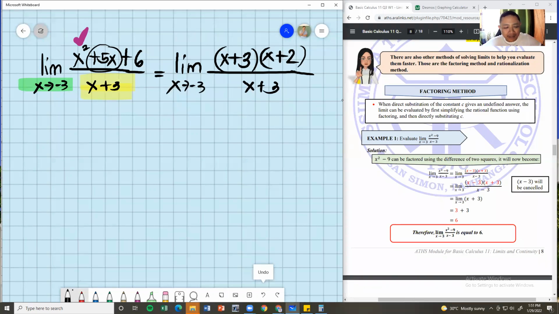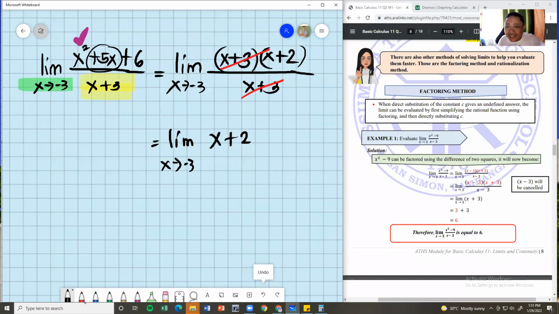Okay, after the factoring method, my most favorite process. Wow, pareho. x plus 3 in the numerator and x plus 3 in the denominator. We can cancel that out. So therefore, we will just end up with the limit of x plus 2 as x approaches negative 3.